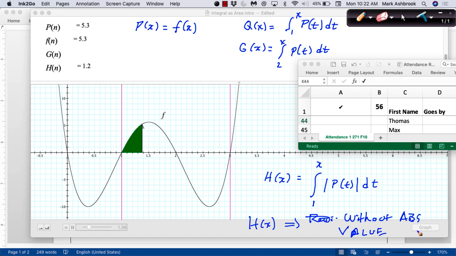So whenever at the beginning here, when the function is positive, it has no effect, right? But then when this turns negative, like past 2, instead of the rate being like this, the rate will be like this, and it'll just add up all that area because that rate will be negative.